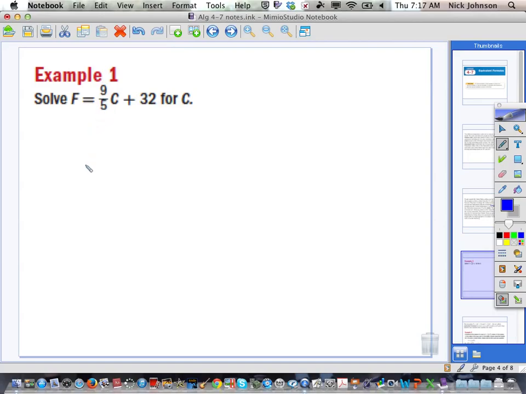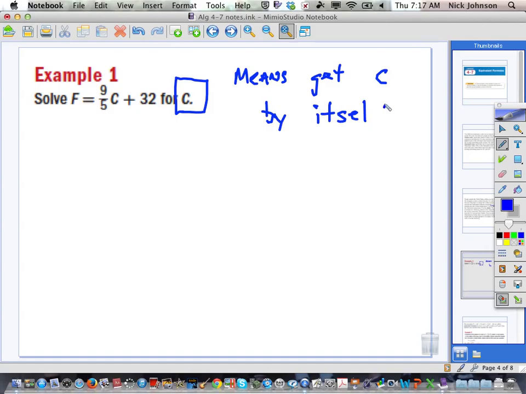So all we are going to do is use our inverse operations, and we are solving for C. That means get C by itself. To do that, we use inverse operations. Whatever we do to one side, we have to do to the other.